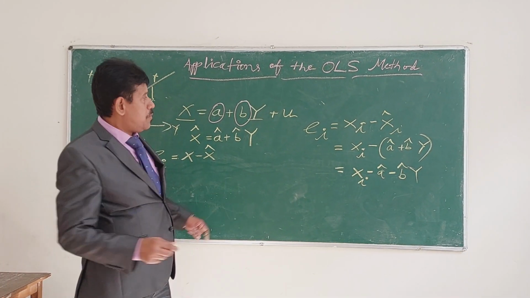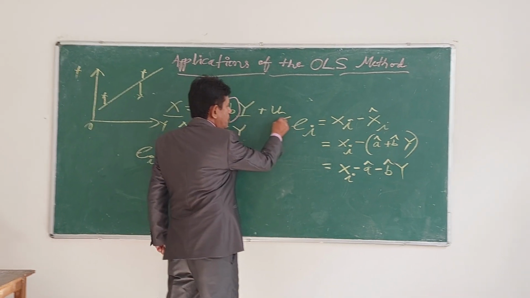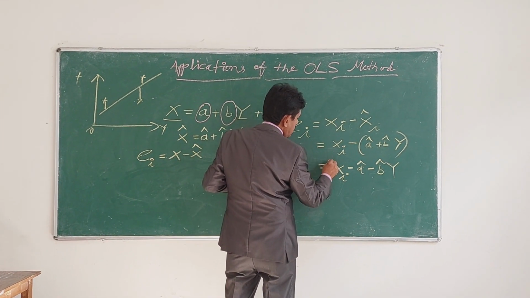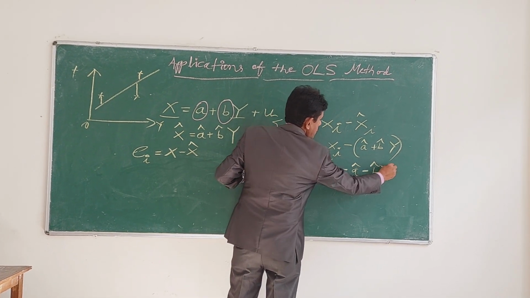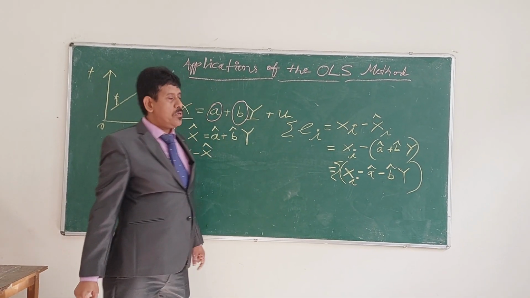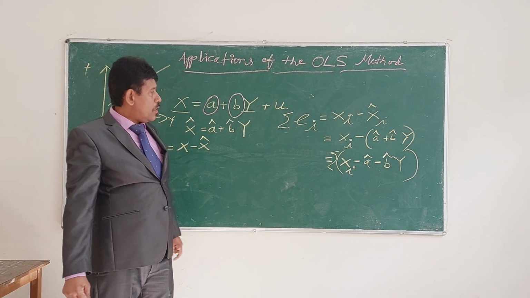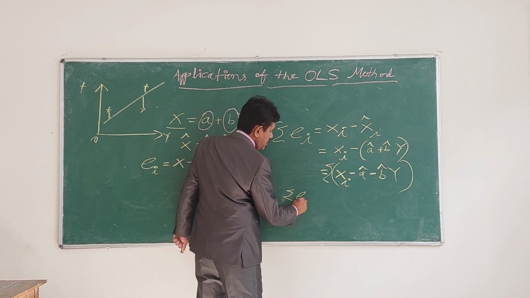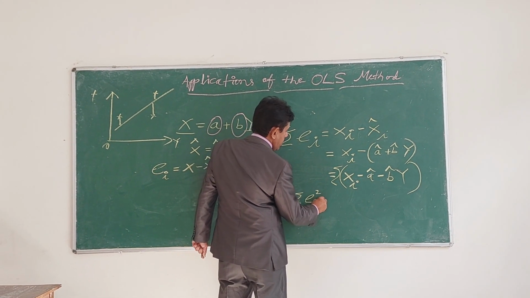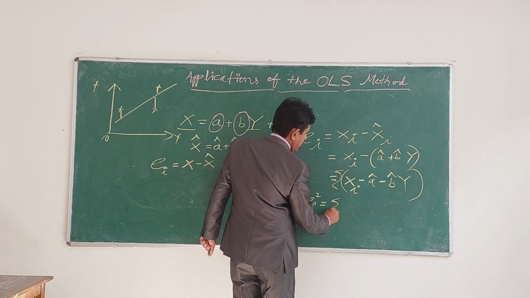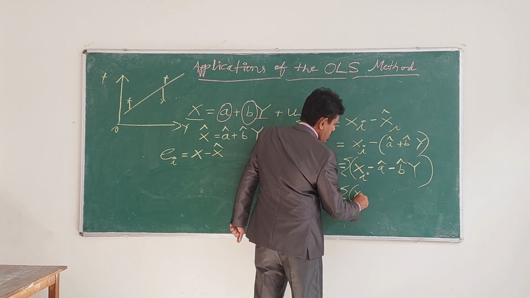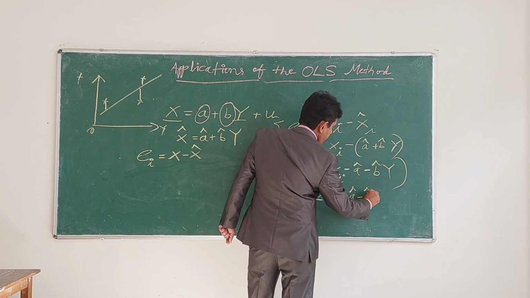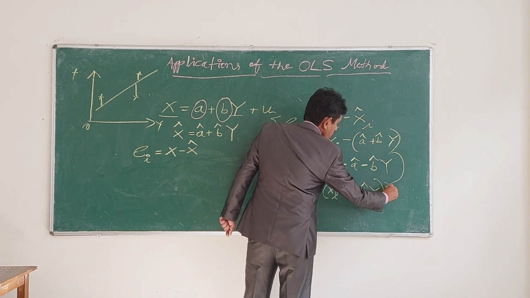Or if we give summation sign, this will be summation EI will be equal to summation of this, or summation of EI square is equal to summation of (xi minus a cap minus b cap y) square.